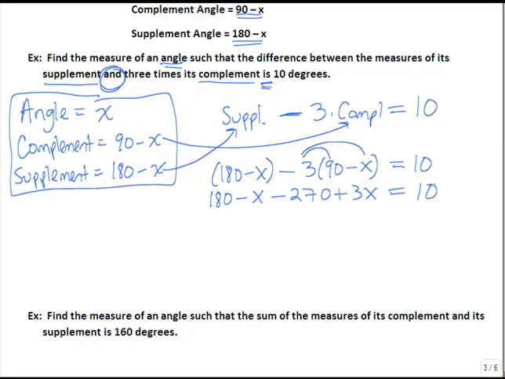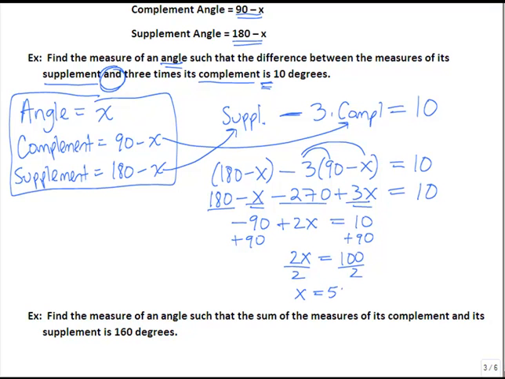Then on the left-hand side we have some like terms. So 180 minus 270 is negative 90, and negative x plus 3x is positive 2x. And now we want to get that x by itself, so let's add 90 to the other side. So we get 2x equals 100. And to finish it off, divide by 2, and that tells us that x is 50.